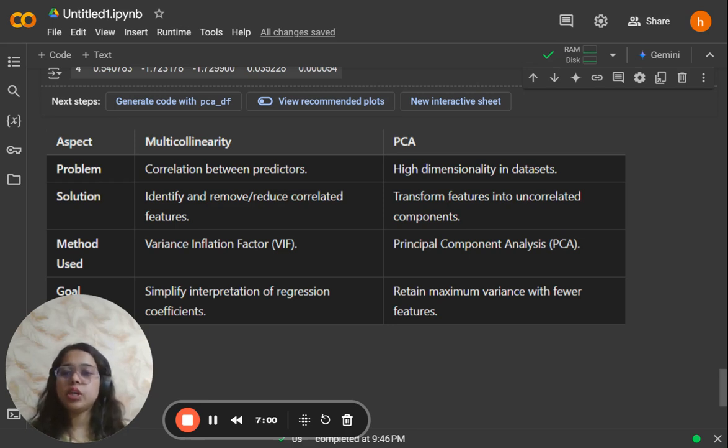Multicollinearity uses VIF, that is the variance inflation factor, and PCA uses principal component analysis. The goal for multicollinearity is to simplify the interpretation of regression coefficients, and for PCA it is to retain maximum variance with fewer variables.